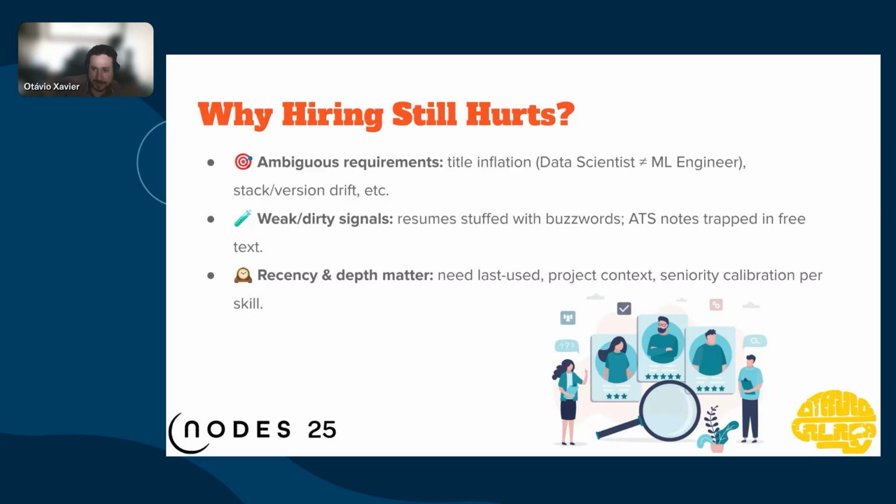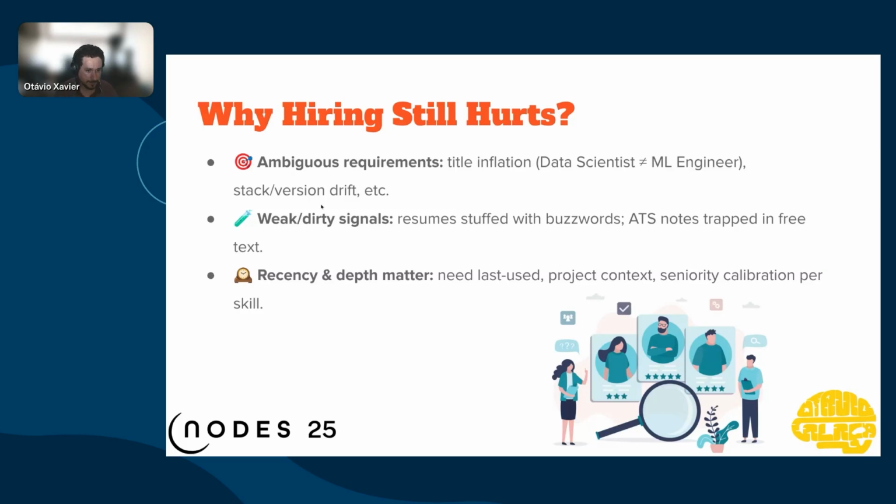Another challenge is the recency. When you try to parse a resume, it's hard to identify what is recent, what is being used or experienced in the last years, and what the candidate is not working with anymore.